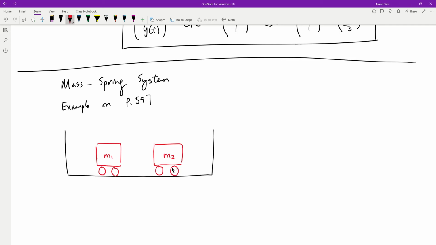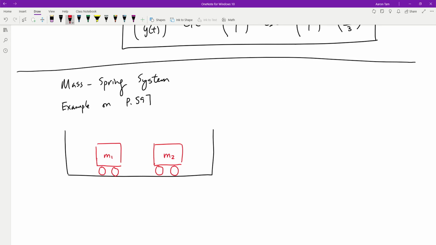It's frictionless so that way there's no resistance. Because what I don't want is to add on to our system of differential equations some kind of resistance which is dependent on the velocity.